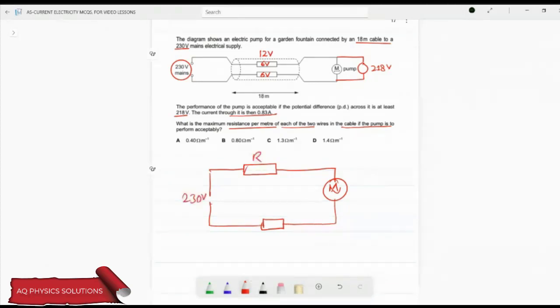So here its resistance is R, and the output voltage is over 218 volts, and the current flowing through this is 0.83 ampere. It means this would also have the current of 0.83 ampere, but as I know that out of 12 volts, because the wires are identical, 6 volts are dropped across this one and 6 volts are dropped across this one.